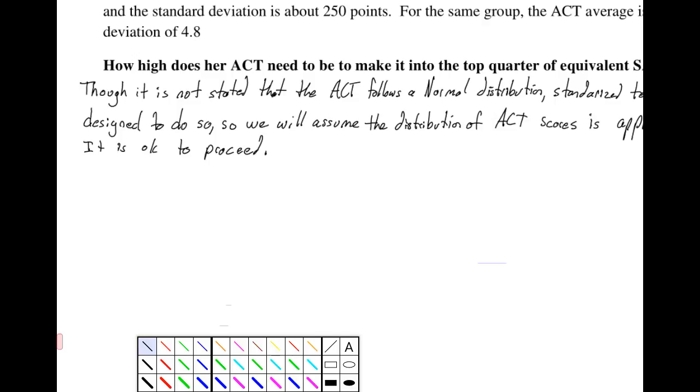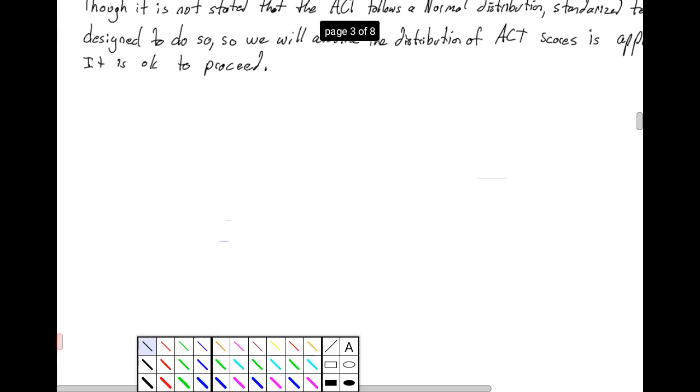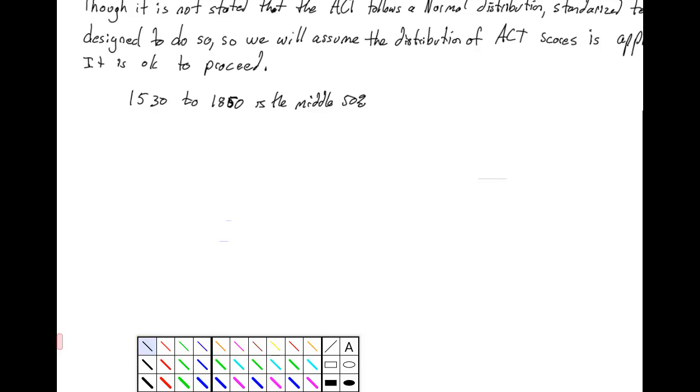Now, 1530 to 1850 is the middle. So we have this middle chunk, the middle 50, so the bottom quarter is on the left, the upper quarter is above.